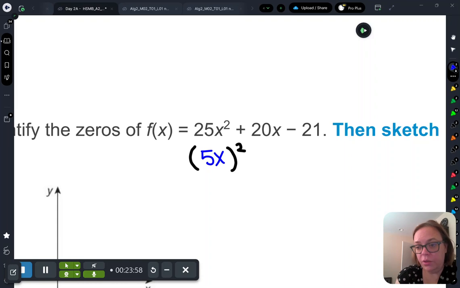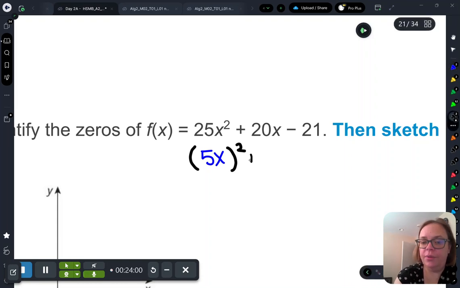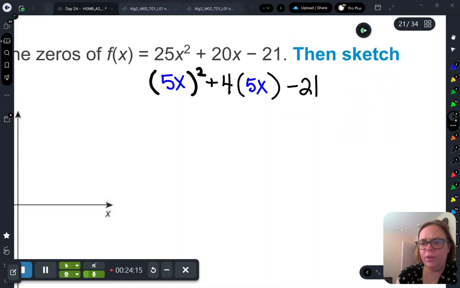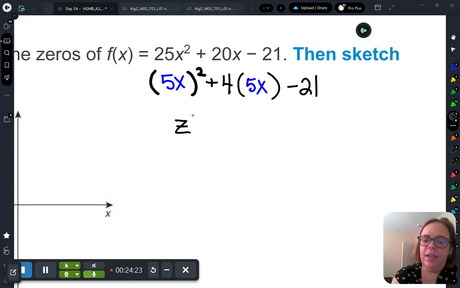So we can write it as plus 4 times 5x. And then the minus 21 is just at the end. So then we can take the 5x out and replace it with some letter. They were using z. You could use w. It doesn't matter. We'll stick to z. So z squared plus 4z minus 21.